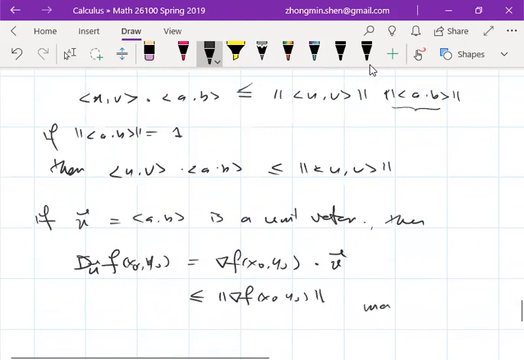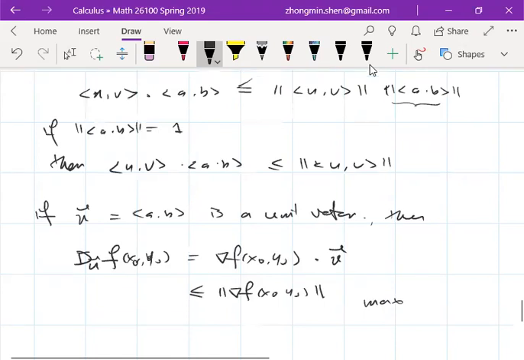So this is the maximum value of this directional derivative.